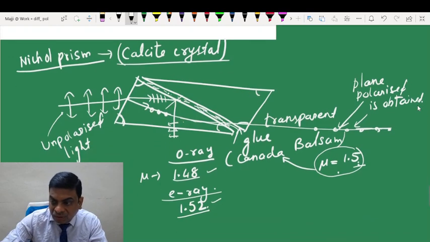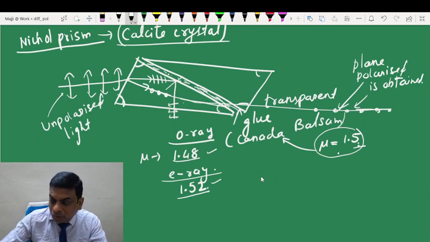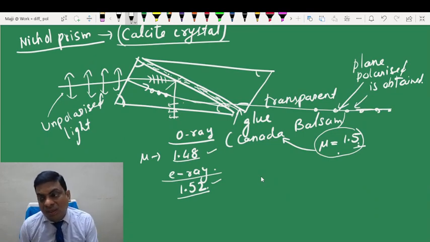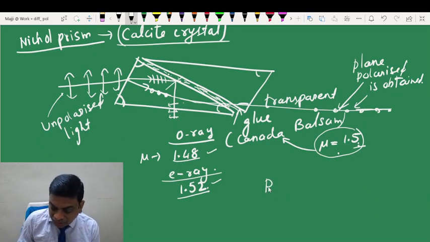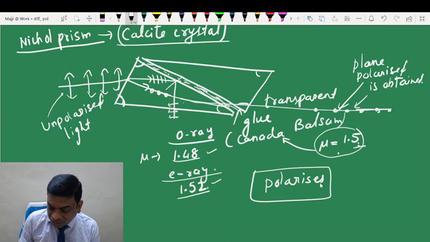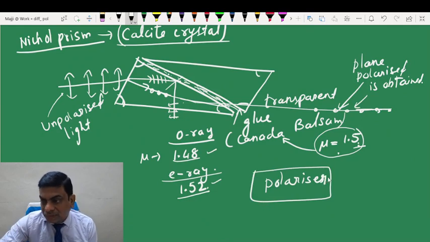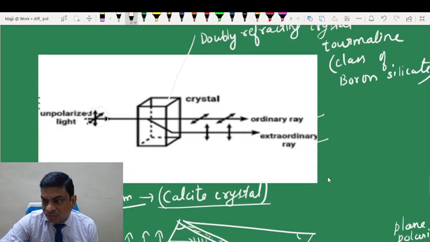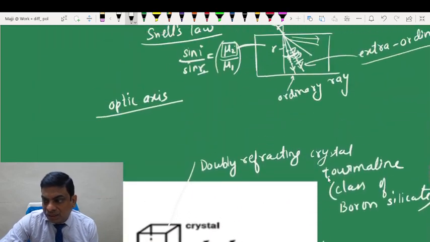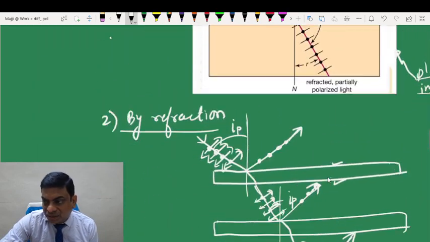So basically we can call it a polarizer, a device which converts unpolarized light to polarized light. I hope that is clear. So this is how we obtain plane polarized light by double refraction.